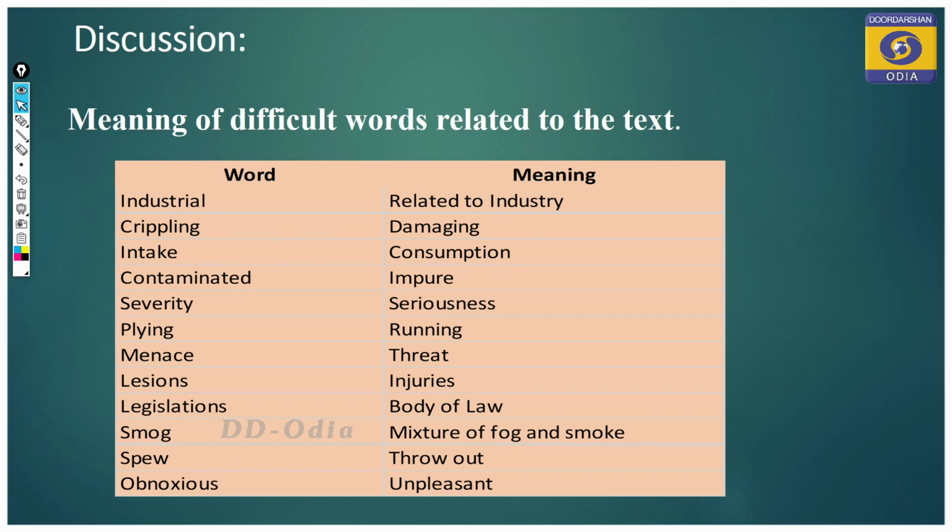Now, these are difficult words that you find in the text and I would like to convey to you the meanings of each word. Industrial means related to industry. Crippling means damaging. Intake means consumption. Contaminated means impure. Severity means seriousness.